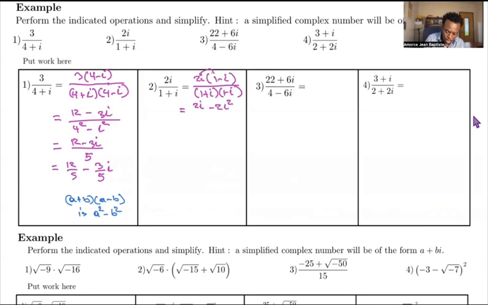We distribute the 2i, over 1 squared minus i squared. So that is negative 2 times negative 1, that's 2, plus 2i, over 1 plus 1, right? Because negative times negative 1 is plus. 2 plus 2i over 2, divide each by 2. So 2 over 2 is 1, plus 2i over 2 is i.